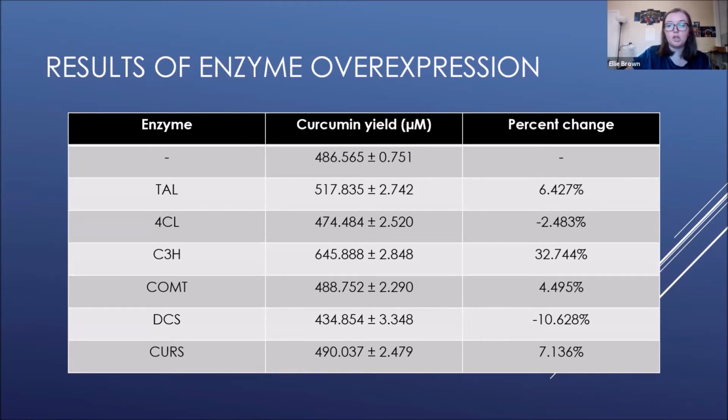And we think that is the case because DCS uses up feruloyl-CoA and changes it to feruloyl acetyl-CoA. But then feruloyl-CoA is also needed to synthesize curcumin. So CURS just had less and less feruloyl-CoA, so it could not make curcumin as fast. So we will definitely in the future focus on increasing C3H and decreasing DCS.